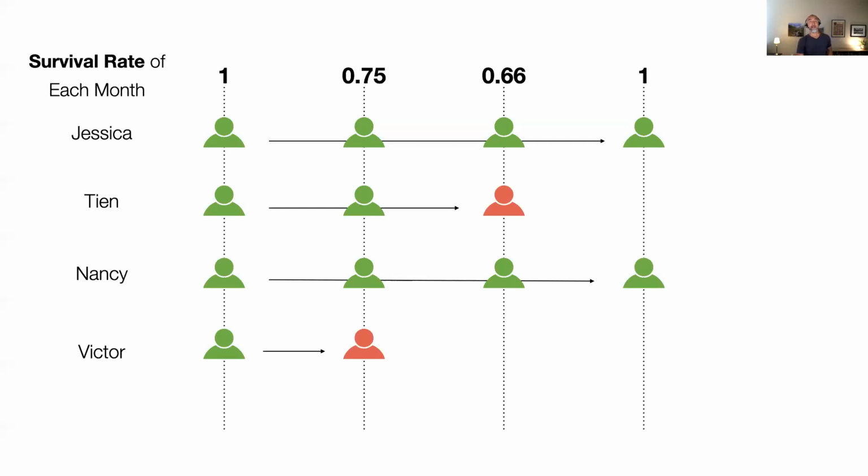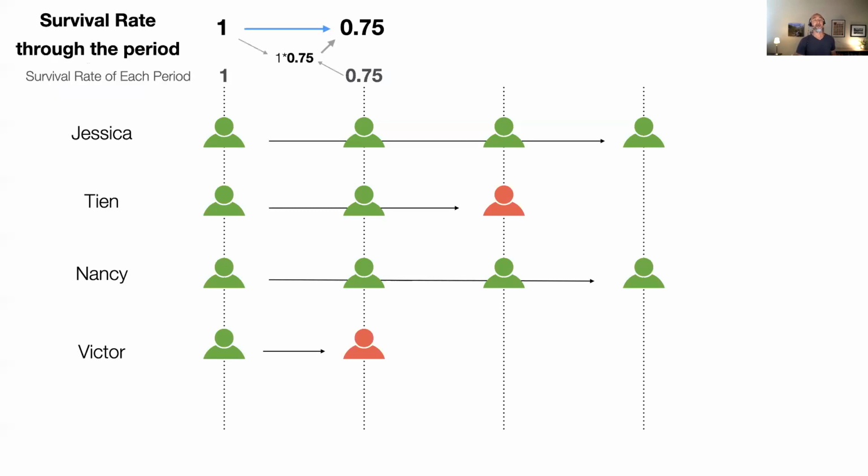But what we actually want to know is the survival rate or retention rate through that period, until that period. In order to calculate the numbers, we can just multiply. For example, what is the survival rate through the second month? We calculate 1 multiplied by 0.75, which equals 0.75.